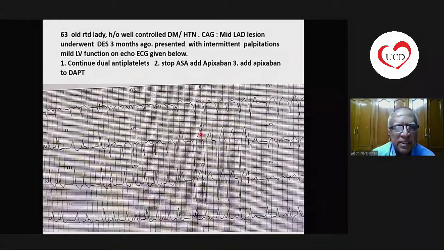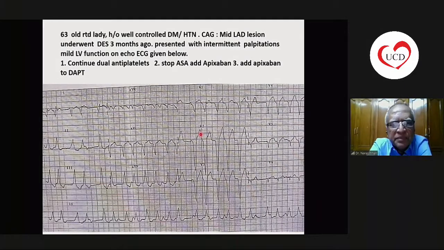This is a 63-year-old retired physician from a government hospital, with well-controlled diabetes and hypertension, who undergoes a CAG for chest discomfort. A mid-LAD lesion was stented with a drug-eluting stent. He presents with intermittent palpitations 2 months later, and this is the electrocardiogram.